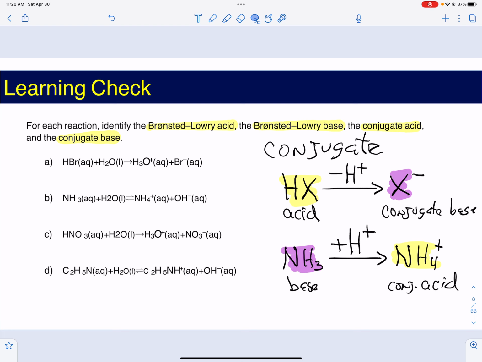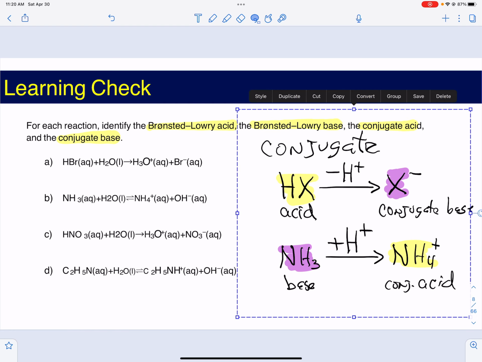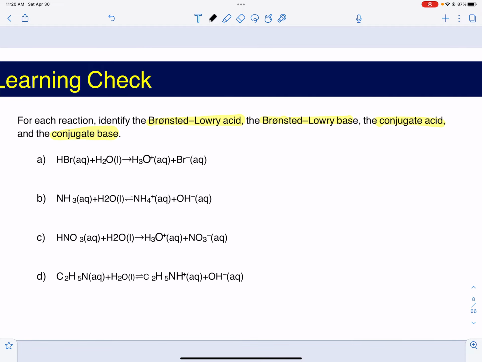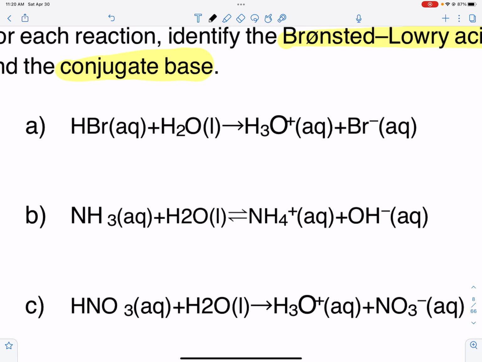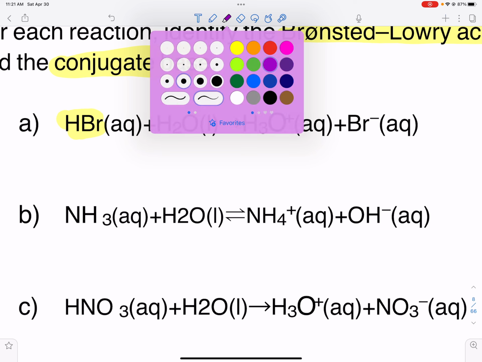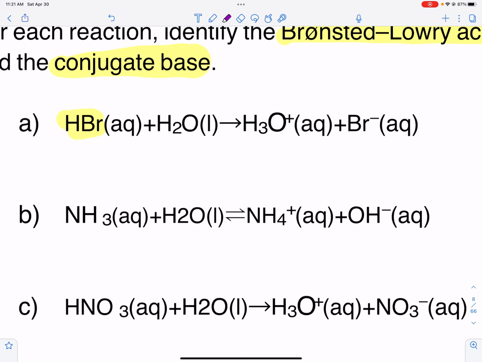So with that in mind, let's do this problem here. So let's find on this reaction, this will be my acid, and my acid is losing a hydrogen, becoming that.